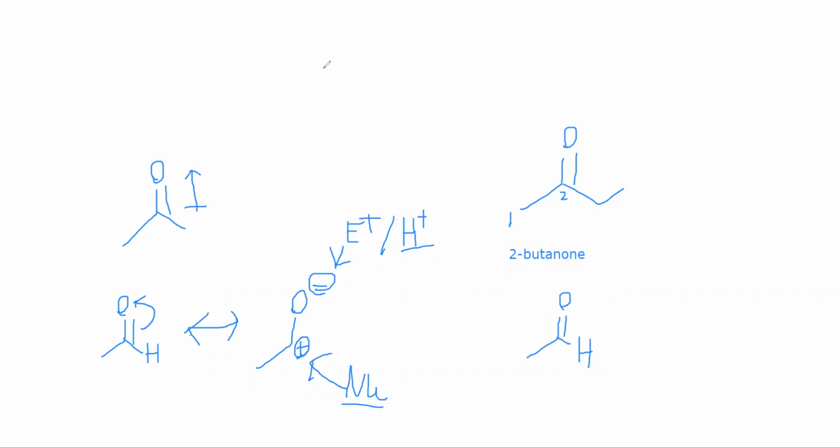This has 2 carbons. You don't have to number it if it's an aldehyde. And if it's an aldehyde, you use the -al ending. So here, this would be ethane if it was just 2 carbons, but because it has an aldehyde, it's ethanal. That's the only difference there.